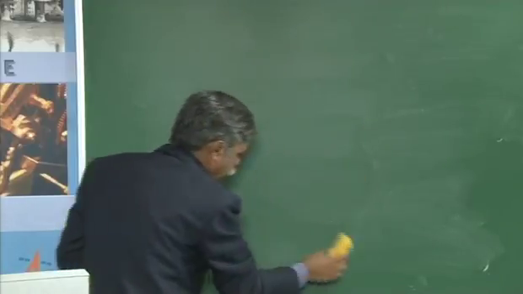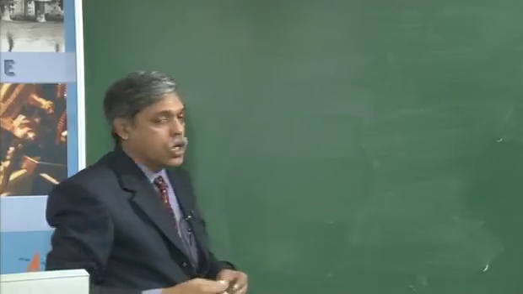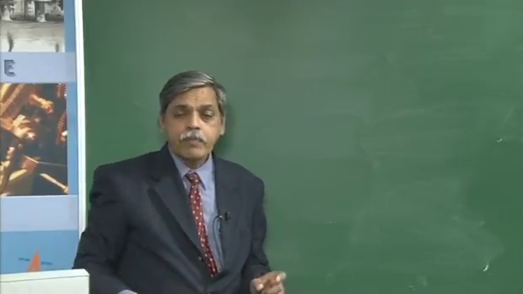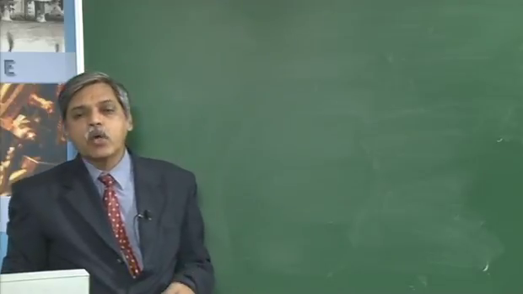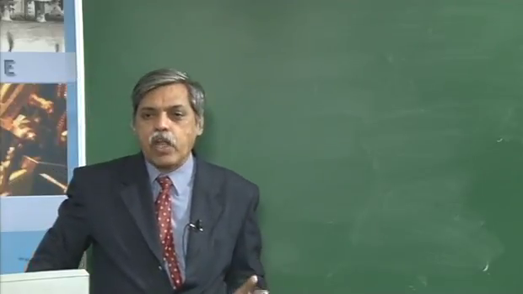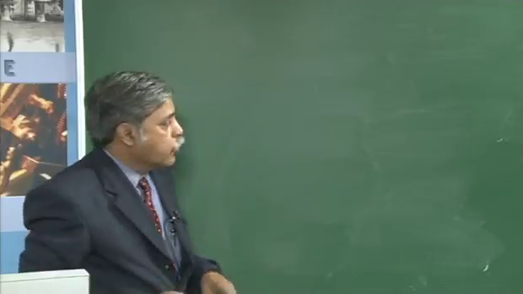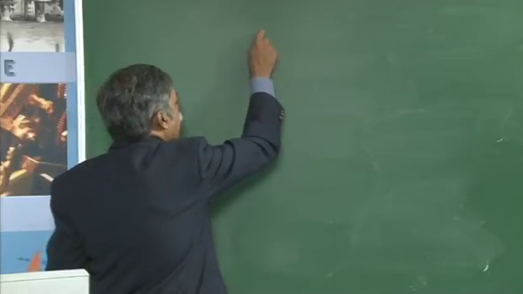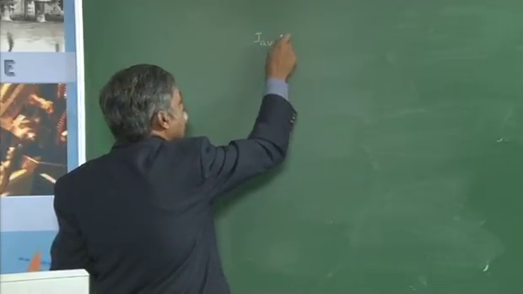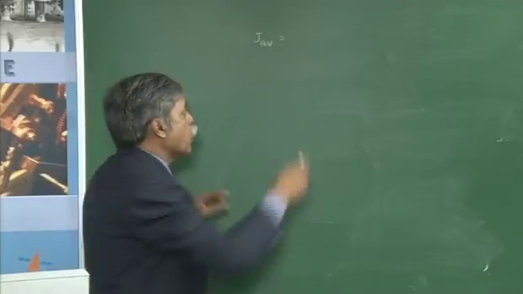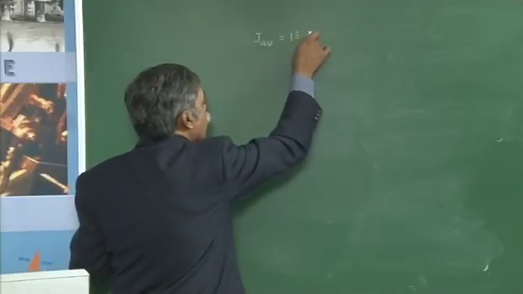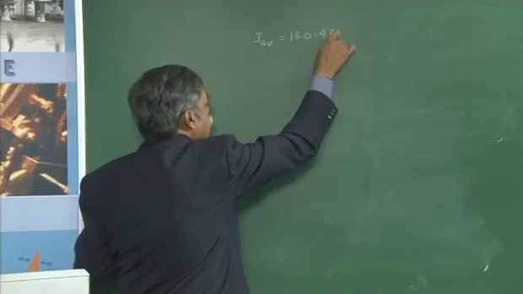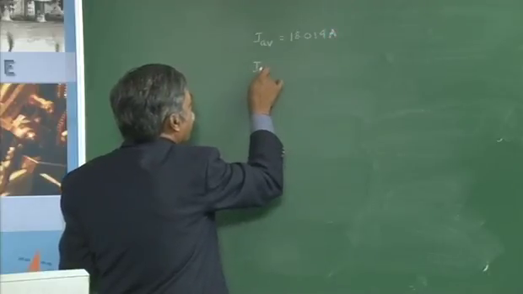See, in calculating the power, you always should use RMS values, and in calculating the impedance, we should always use the RMS value of voltage and current. Now here, it is given that the current average value is 18.019 amperes. What is the expression for average value?